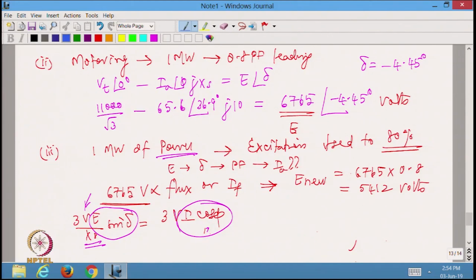This is E delta, so E sin delta will be E sin of minus 4.45 degrees. This came out to be something like 524.8 volts.